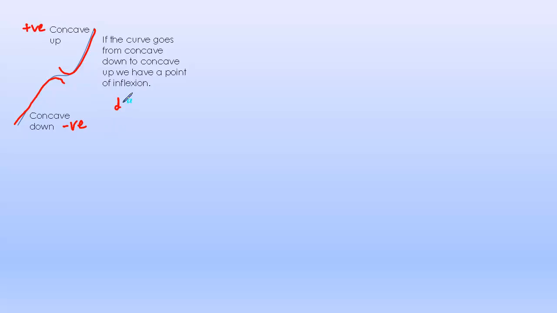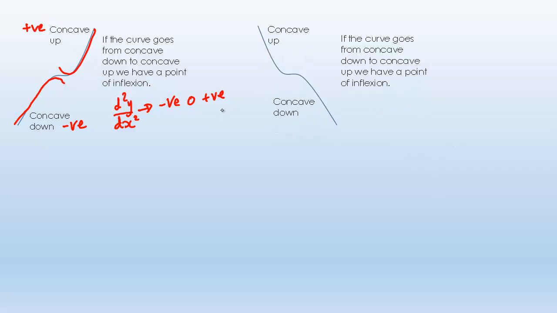So if d²y/dx² goes negative, 0, positive, then we have a horizontal point of inflection. And we also have a horizontal point of inflection if it goes positive, 0, negative, because concave up followed by concave down means we have a point of inflection.